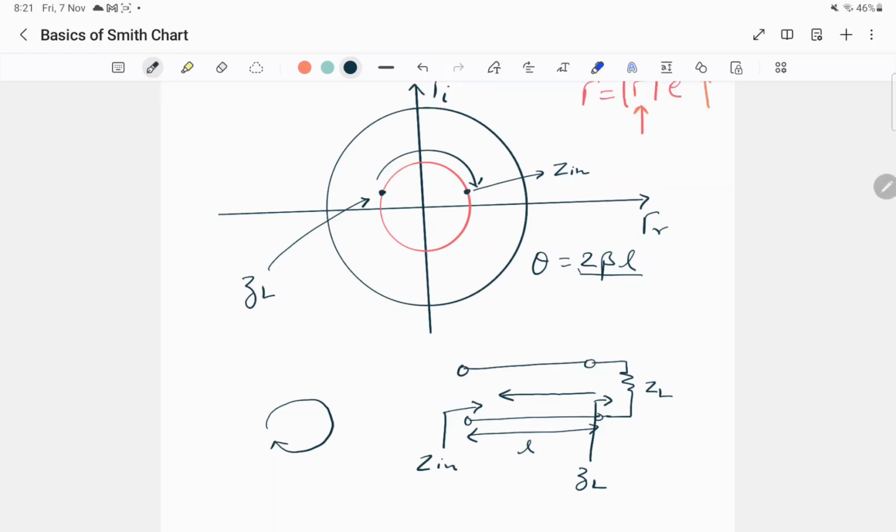Therefore, if you move by an angle of 2 beta L, you will reach a point, let us say this point. That point will represent the input impedance of the transmission line looking at a length L away from the load ZL.